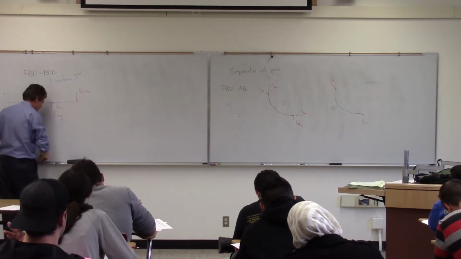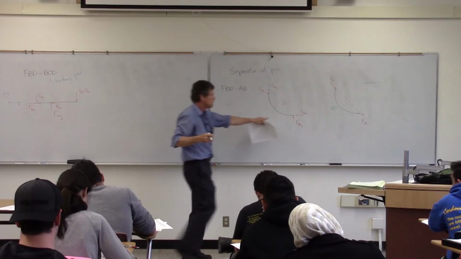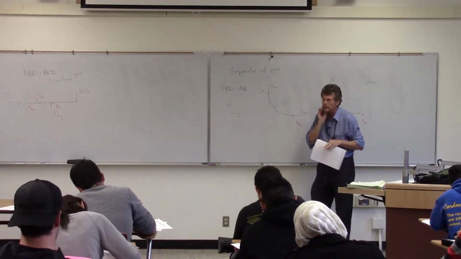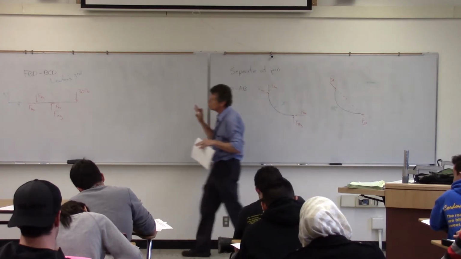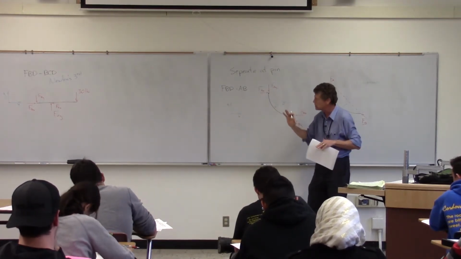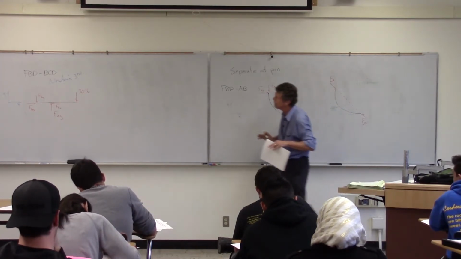And when we get into more complicated structures, it's going to be important that when you solve for one of these or the other, you're going to have to apply Newton's third law. So if it's acting one way in one piece, it's going to be acting opposite in sign, same in magnitude, but collinear.